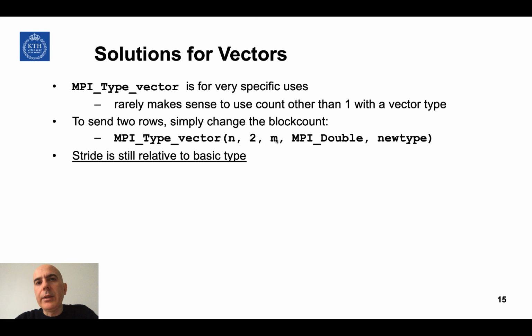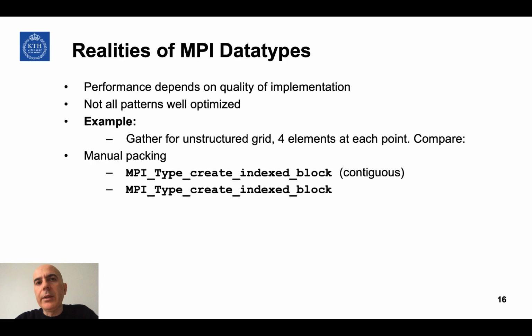We take 2 as the count, and then we provide the stride. This will be used to send 2 columns, by changing the block count in the data type. MPI_Type_vector is for very specific usage. It rarely makes sense to use a count other than 1 with the vector type, but in this case, we use count 2 to send the two columns.